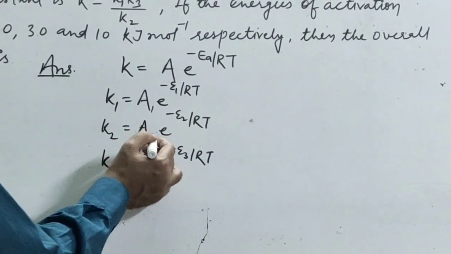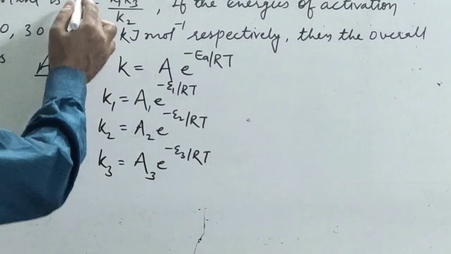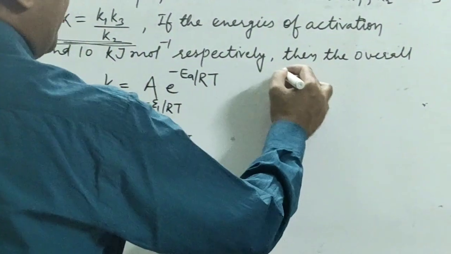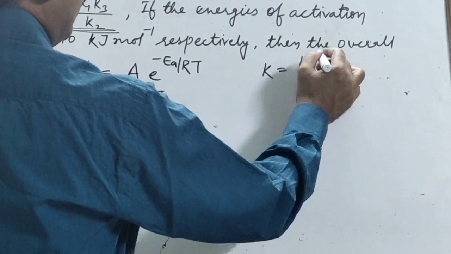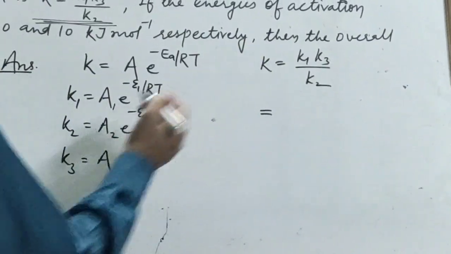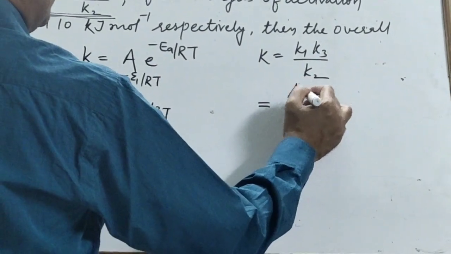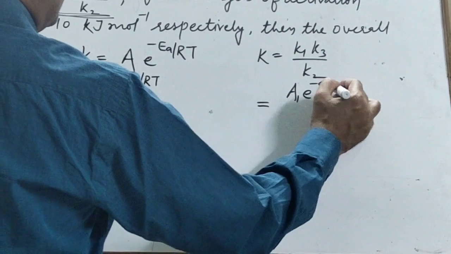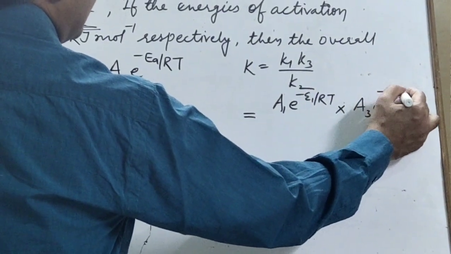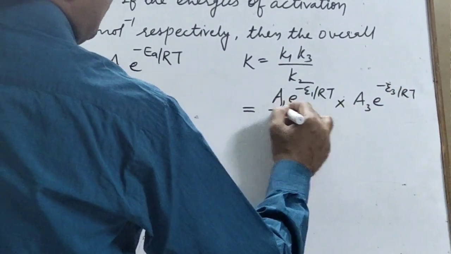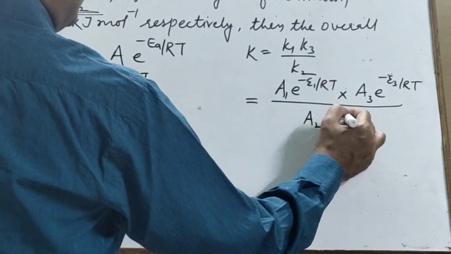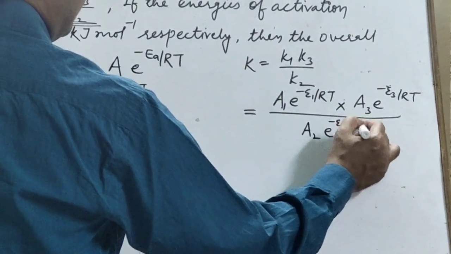Given is K is equal to K1 into K3 upon K2. So putting the values, K1 is A1 into e raised to power minus E1 upon RT, K3 is A3 into e raised to power minus E3 upon RT, upon K2 which is A2 into e raised to power minus E2 upon RT.